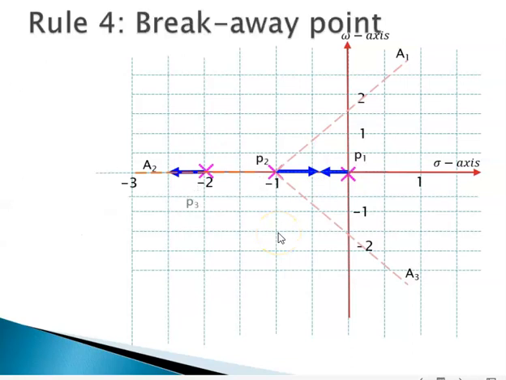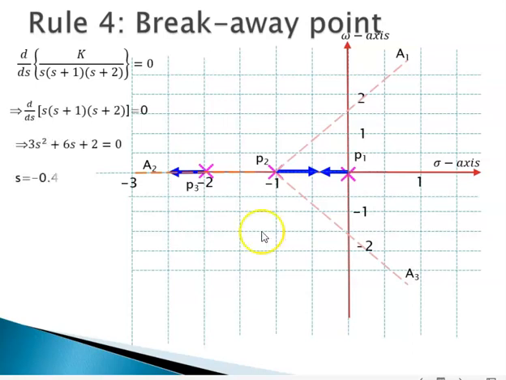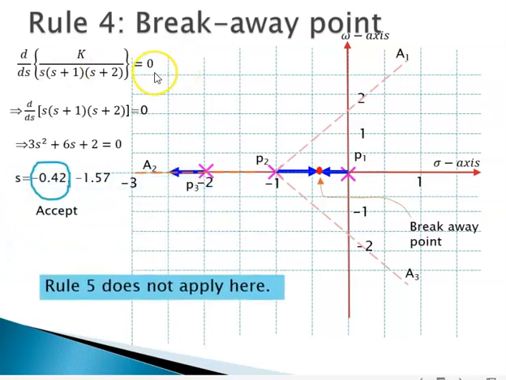We'll find the breakaway point. To find the breakaway point, you differentiate this with respect to S and equate it to 0, and that gives us this quadratic equation, 2 roots: -0.42 and -0.17. We know the breakaway point lies between 0 and -1, because this comes here, this comes here, they collide and they get separated.